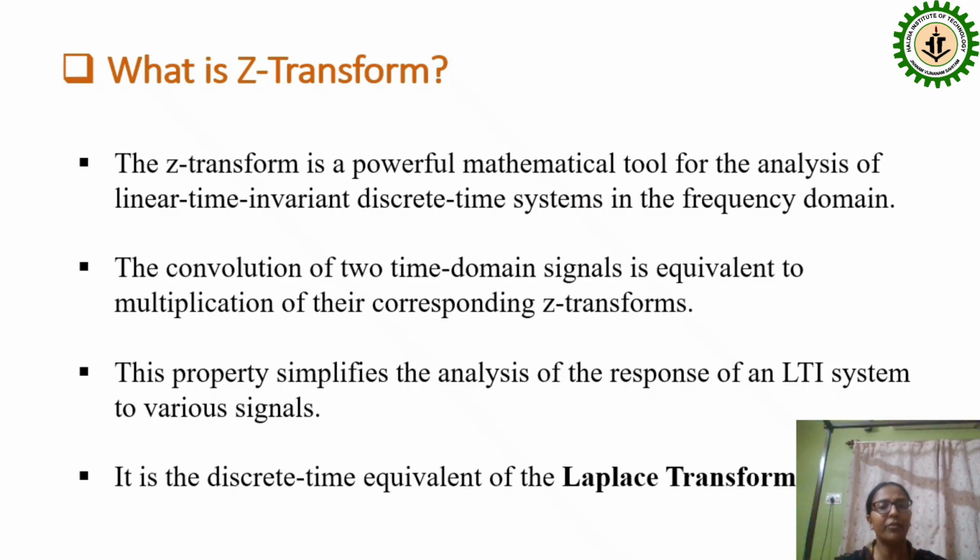This property simplifies the analysis of the response of an LTI system to various signals. You can only multiply the two signals if you transform them into the Z domain.